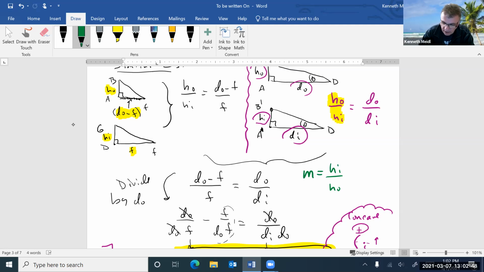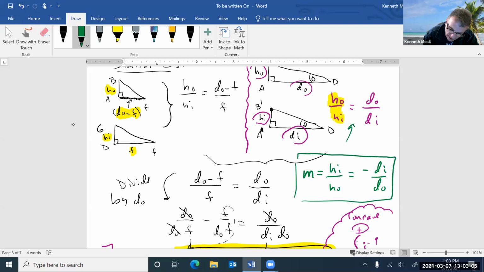Right? But notice H over HI equals D over DI. So I'm just looking at this right here. So if I take the reciprocal of that, then this is going to be equal to DI all over DO, and we have to put in this minus sign just like with lenses because things can get turned upside down. So that minus sign comes from his sign convention.